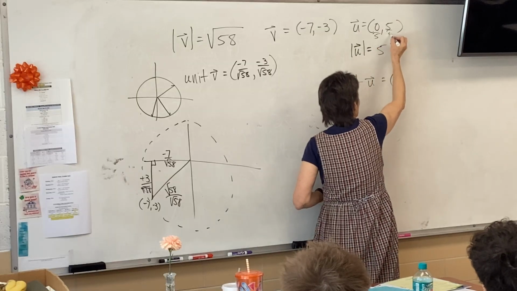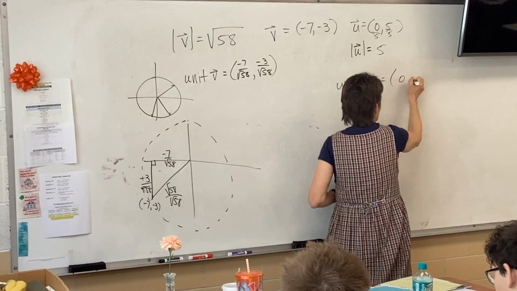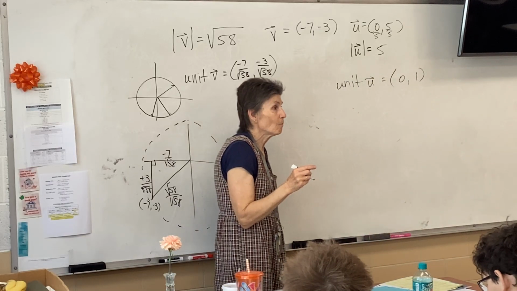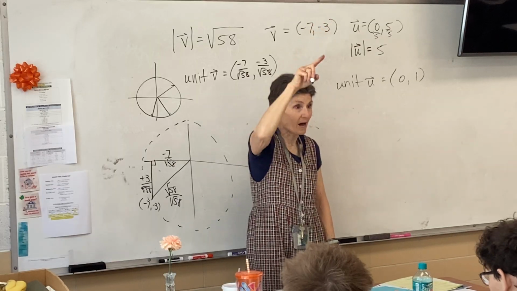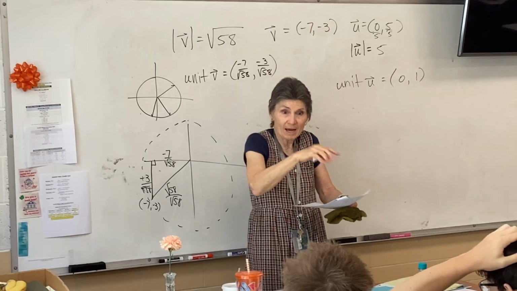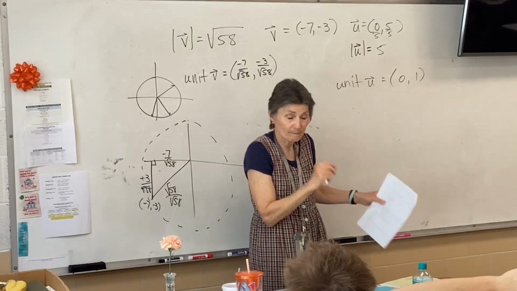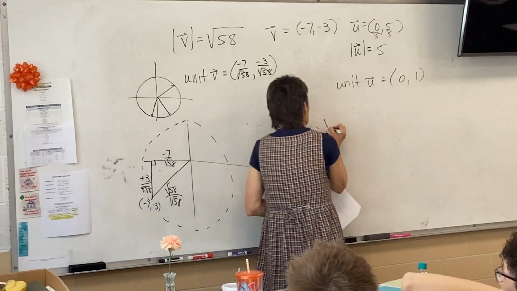Divide these by 5. So what do I get? 0, 1. Doesn't that make sense to you? When it was 0, 5, wasn't it up here at the top of the circle with a radius of 5? When I shrink it all down, now it's still at the top of the circle, but now the radius is only 1. Okay, perfect.